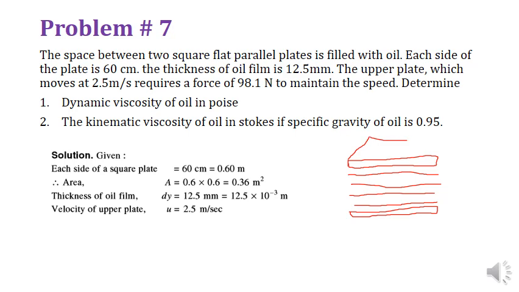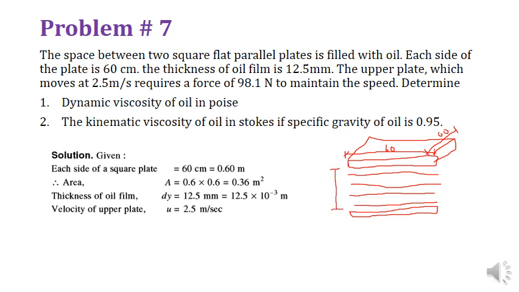Each side of the plate is 60 centimeter, each side meaning in the third direction. So 60 centimeter this side and 60 centimeter this side, a square plate. So this is 60 and this is also 60. If a 60 by 60 plate is given, the same dimension applies for the bottom plate.